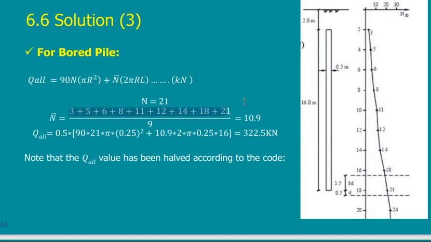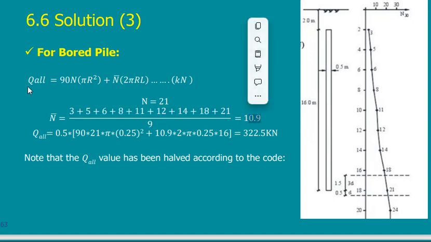This is the summation of all of the values within the pile length. Anything above or anything below, I don't need. So I will take all of these numbers, divide them by the number of how many? 1, 2, 3, 4, 5, 9. Okay, so this is 9. Then this is 10.9.